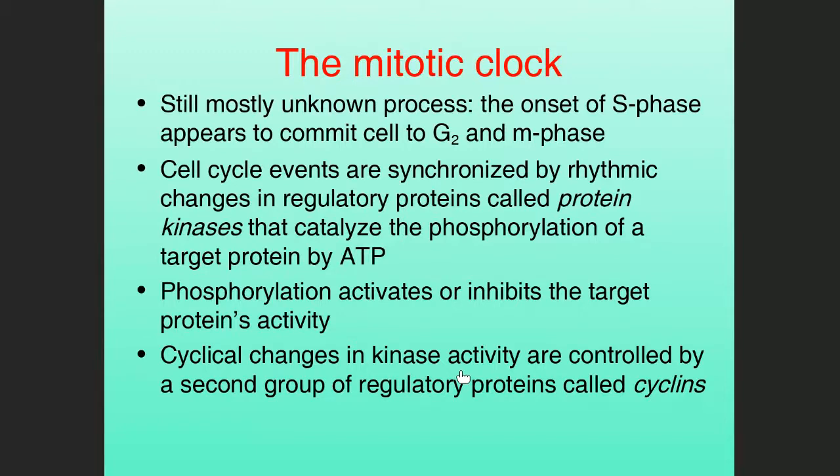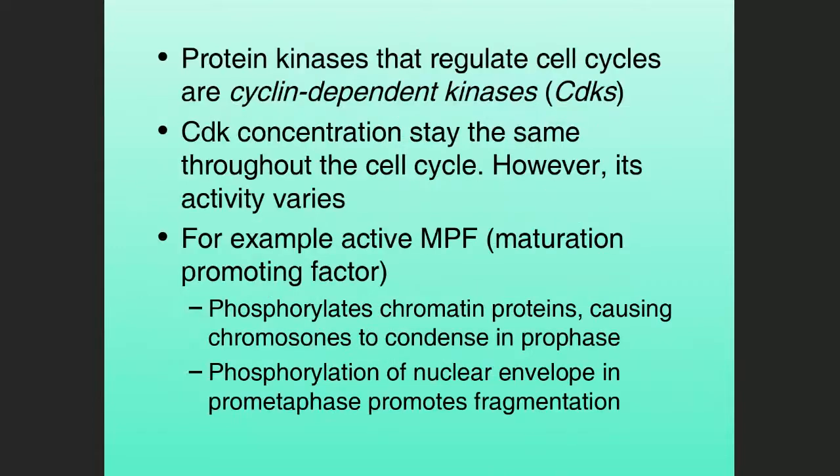The cyclical changes in kinase activity are controlled by a second group of regulatory proteins called cyclins. Protein kinases that regulate the cell cycle are called cyclin-dependent kinases. CDKs are those which regulate the cell cycle.